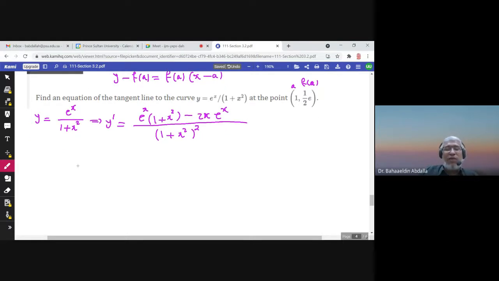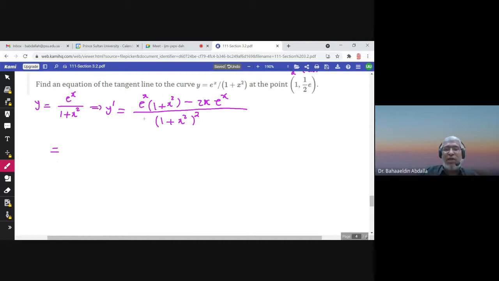And to simplify this, I expand the numerator as usual. e^x times 1 is e^x plus x squared times e^x minus 2x e^x over 1 plus x squared to the power 2.